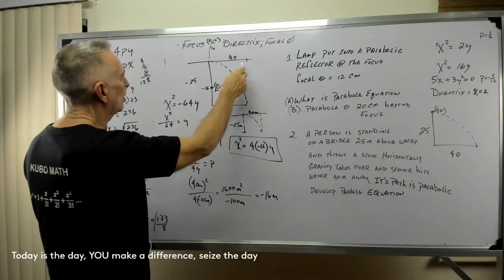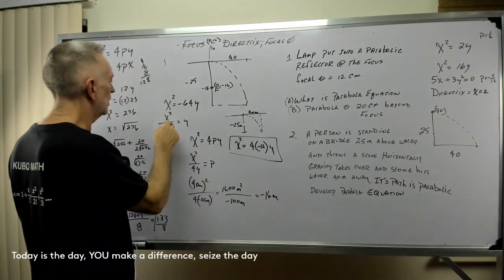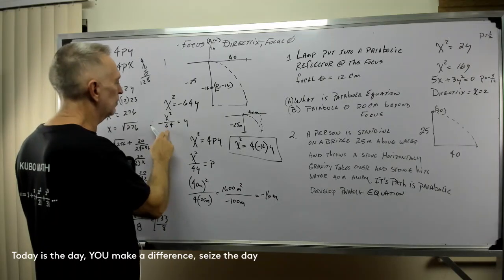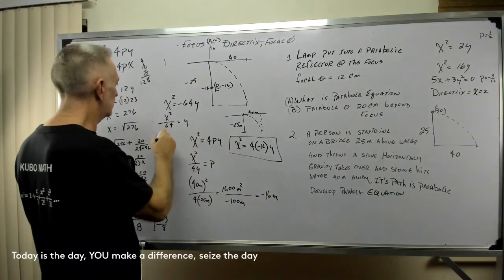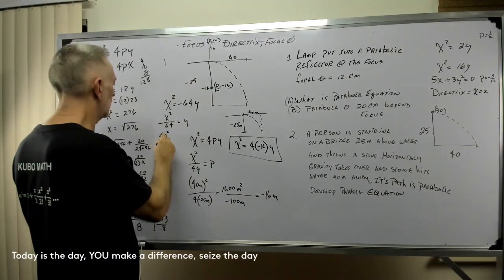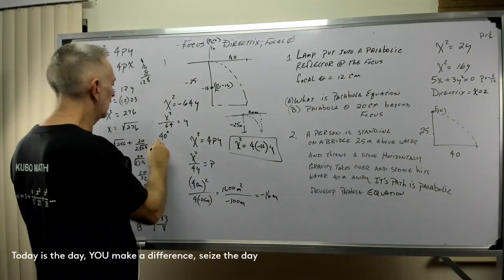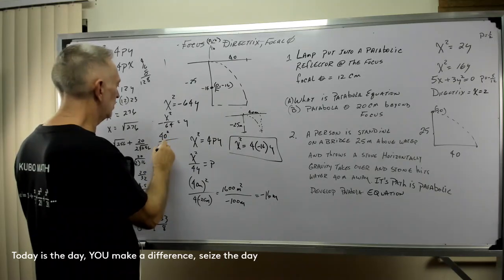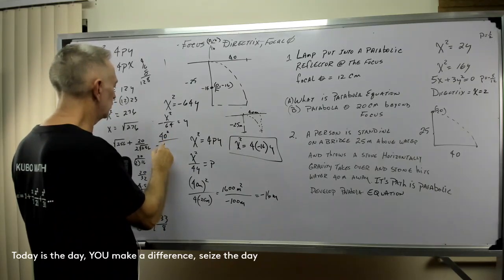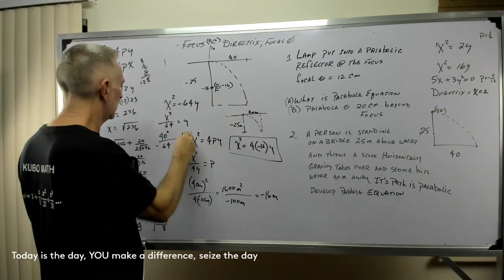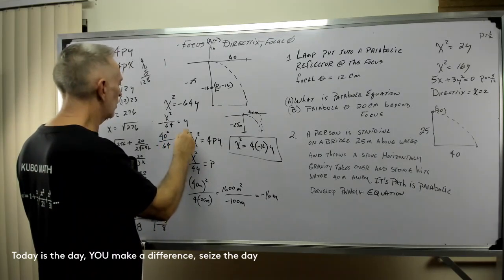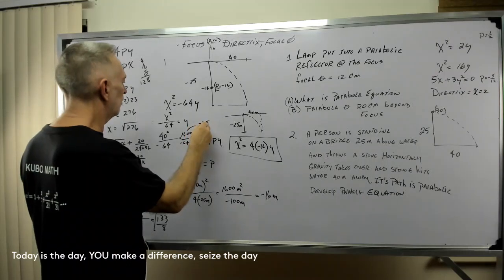If I went out here, 40 squared divided by this negative 64 should give me a negative 25. 40 squared goes back to that 1600, and 1600 divided by negative 64 would give me that negative 25.